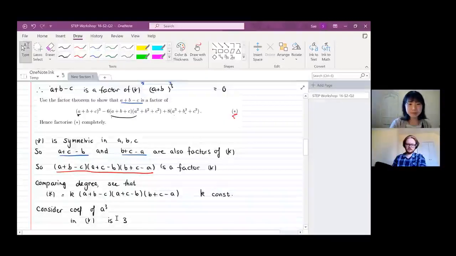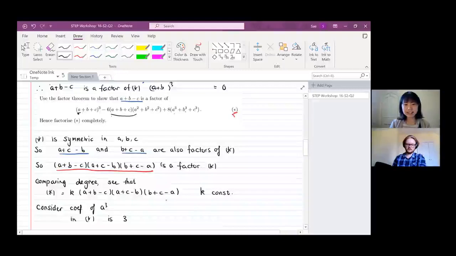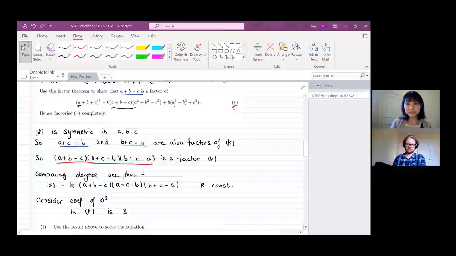And then what is the coefficient of a cubed in this red thing here? Yep, minus 1. I'm going to call this dagger.